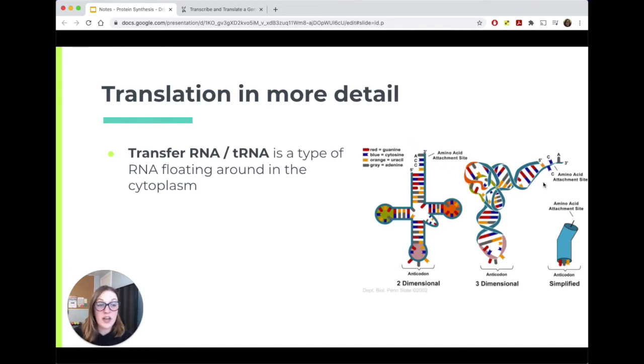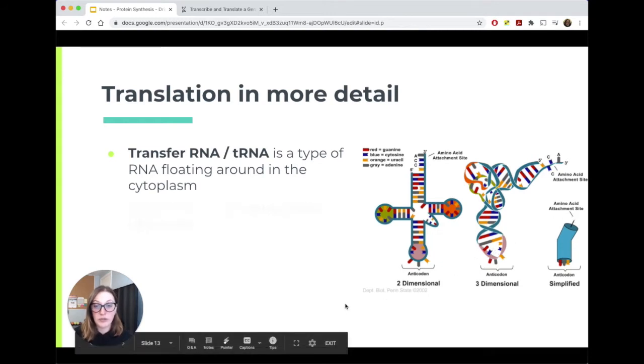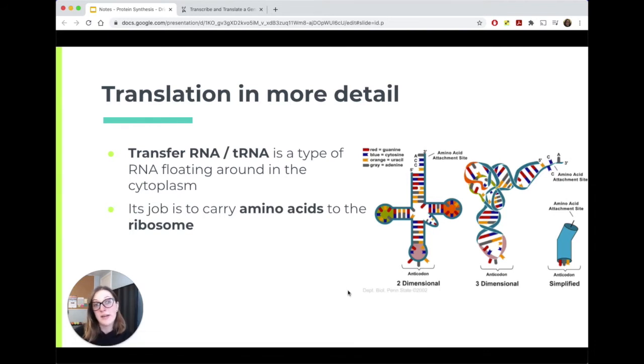In its actual 3-dimensional folded shape, it would look more complex like this, and we usually see it simplified in a number of different ways. It will always be attached to an amino acid if it's being used in building the protein. So the job of the transfer RNA is to carry amino acids to the ribosome.